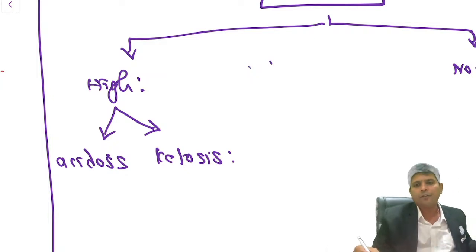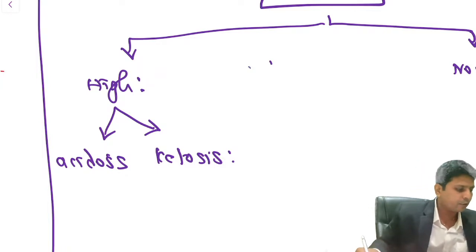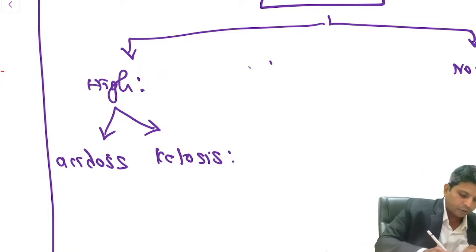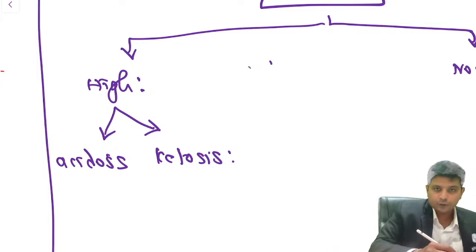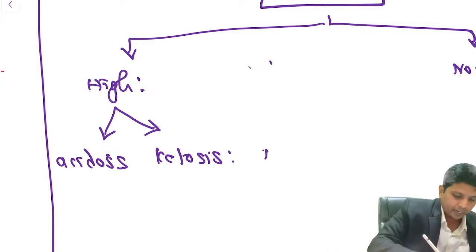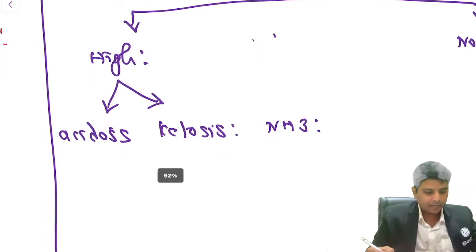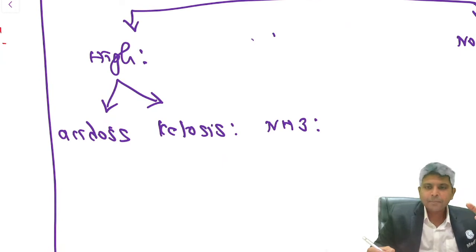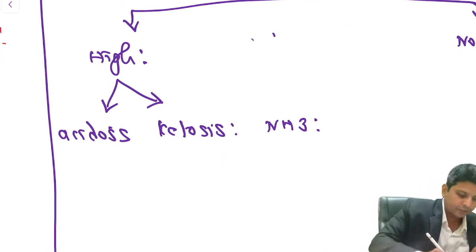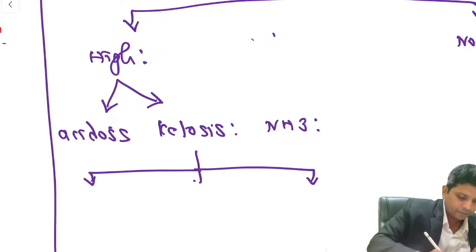For ketosis, look at the blood ketones or urine ketones. So I have three things: acidosis, ketosis, elevated ammonia. Based on that, I will have three permutations and combinations. What are those permutations and combinations?